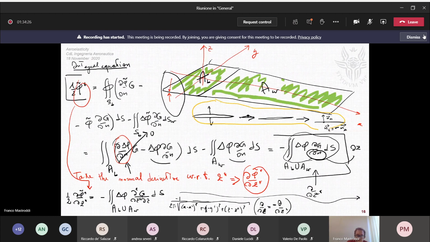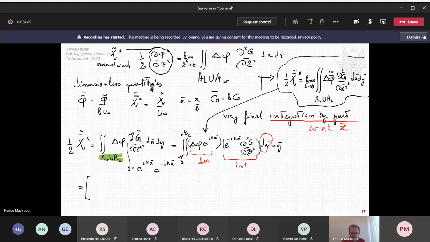This is plus Y/2, and this is minus Y/2, and Y is the span of the wing. Okay, so this is the y direction. A capital Y is the span of the wing.